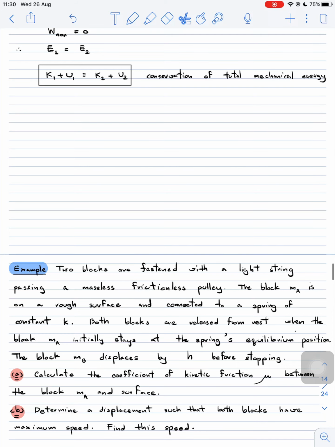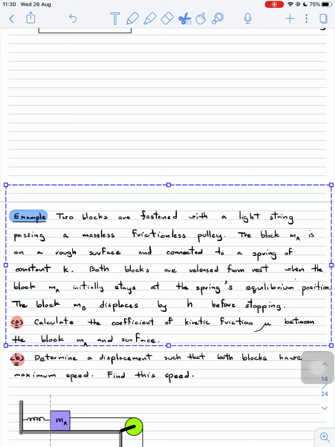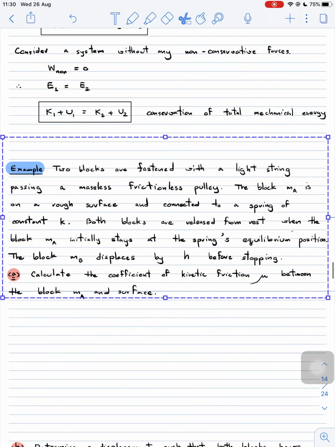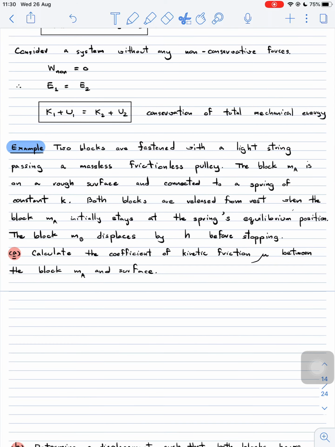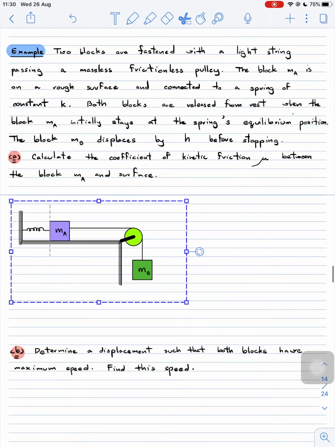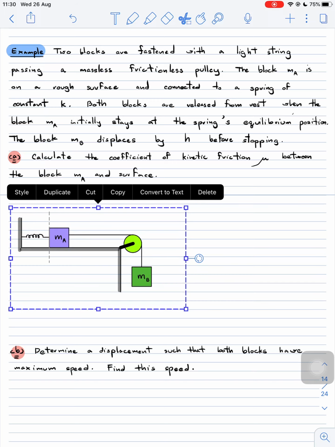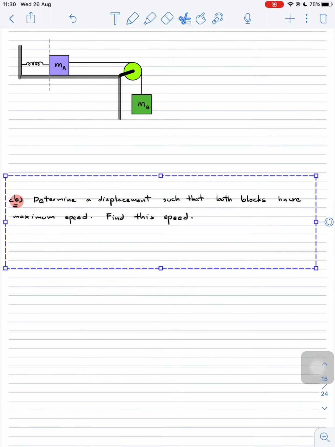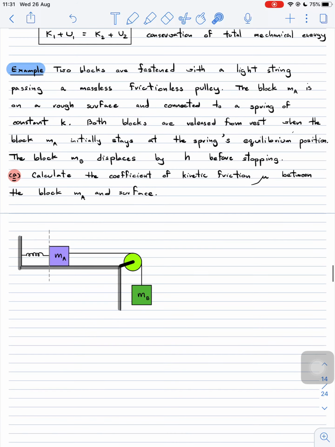Okay, so now let's look at these examples. For this example, two blocks are fastened with a light string passing over a massive frictionless pulley.